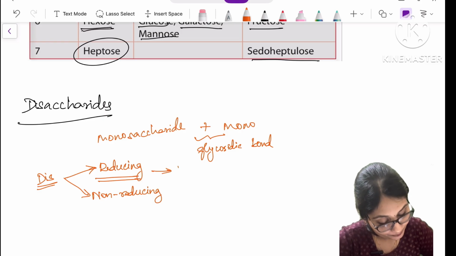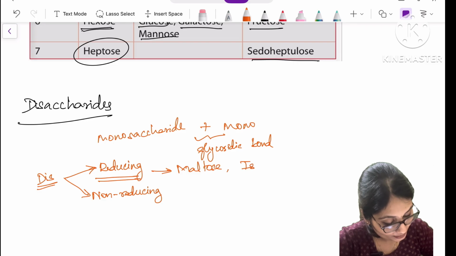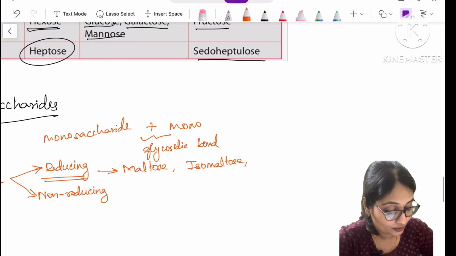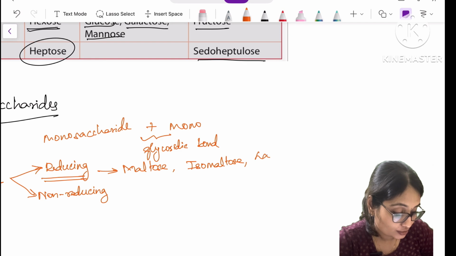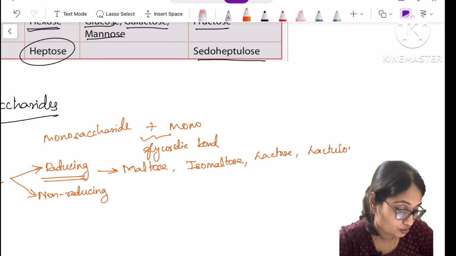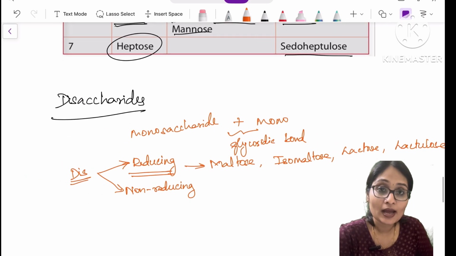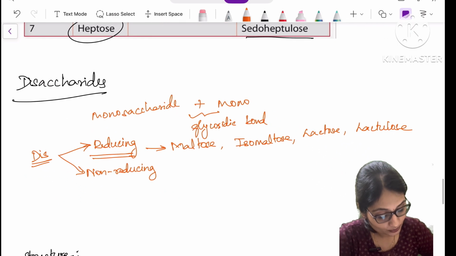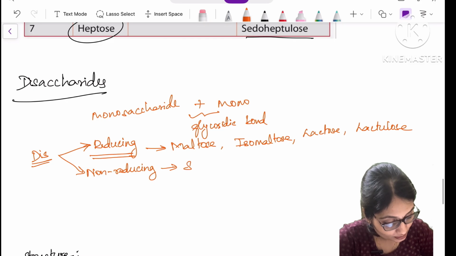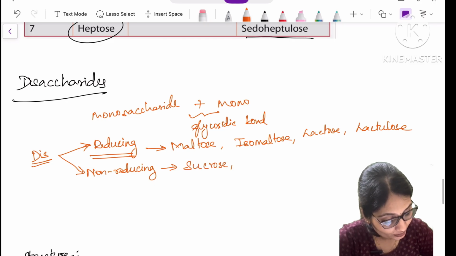We have maltose, isomaltose, and what else do we know of? Lactose and lactulose. So these are the examples under reducing disaccharides. Under non-reducing disaccharides we have 2, that is sucrose and trehalose.